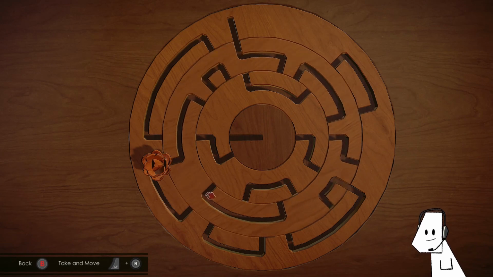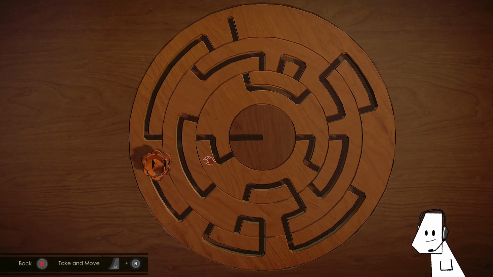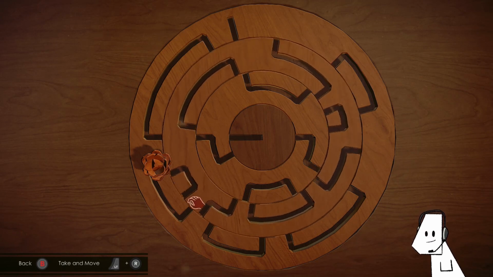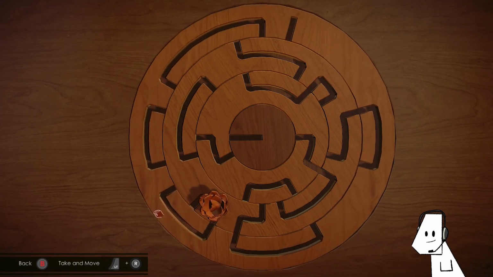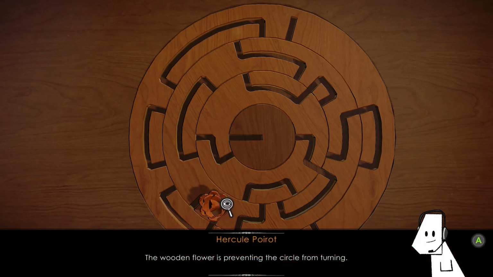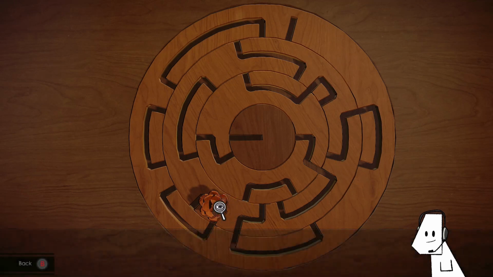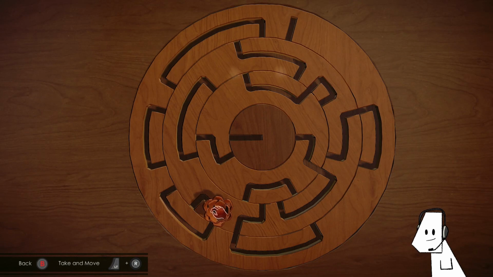Did I move something when I shouldn't have? Maybe I moved one of the rings when I shouldn't have, and now... The wooden flower is preventing the circle from... Okay. Not what I wanted to do, was it?